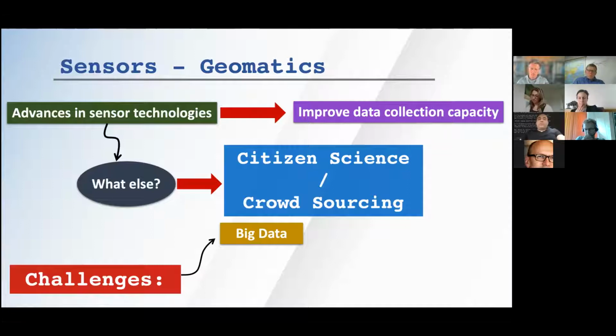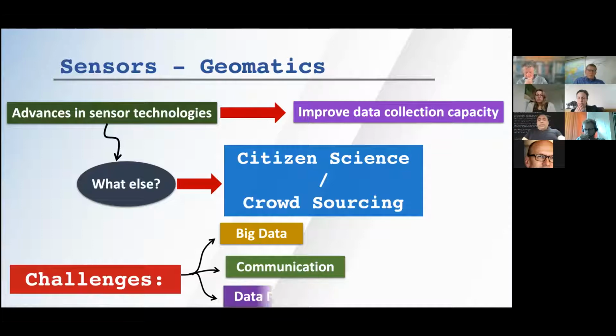So we have more frequent data, and it means that the size of data is getting bigger and bigger. Another challenge is communication. We have different sensors, so the data should be delivered, or the sensors should communicate, for many recent applications. And another one is data processing. We need to process this data.